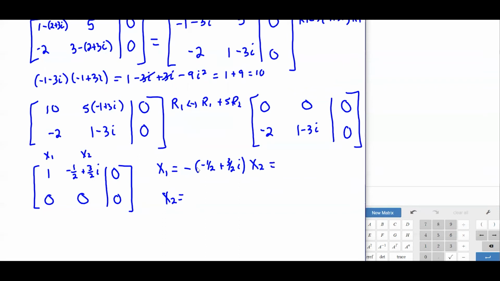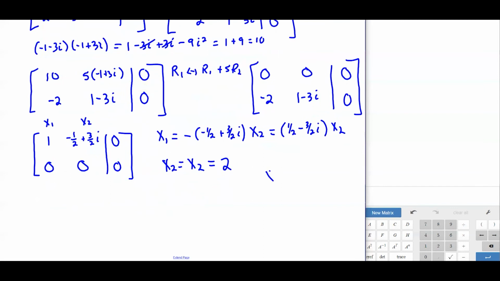So let's multiply this negative inside. So that would be positive 1/2 minus 3/2 i times x2. You can pick anything you want for x2. I just say pick something that makes sense. So let's let x2 be 2, and then that will cancel these fractions out.